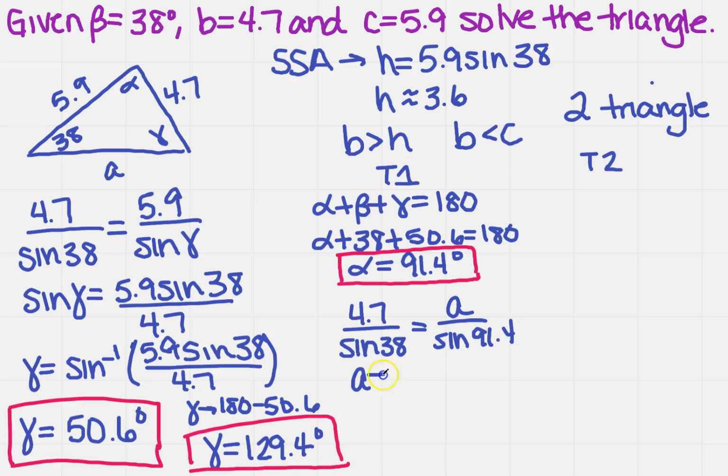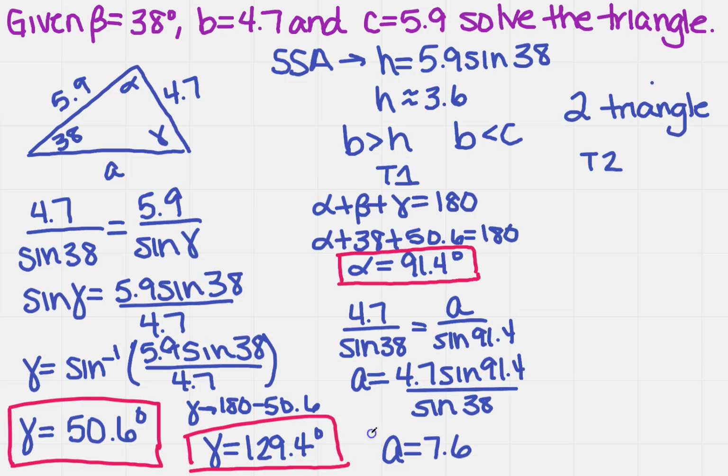If I solve this for A, I get 4.7 sine 91.4 divided by the sine of 38. And when I crunch all that into my calculator, I get that A equals 7.6. So there we go. We found A for the first triangle. Now I need to find A for the second triangle as well as alpha.